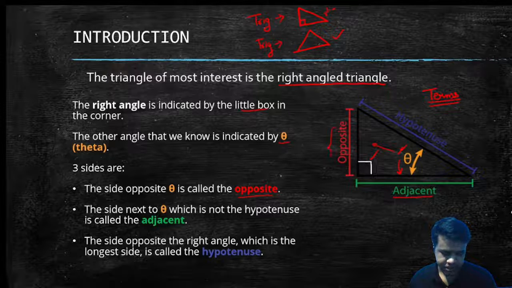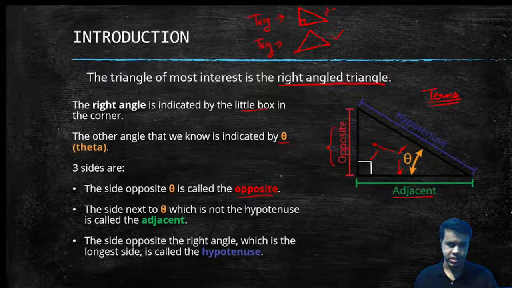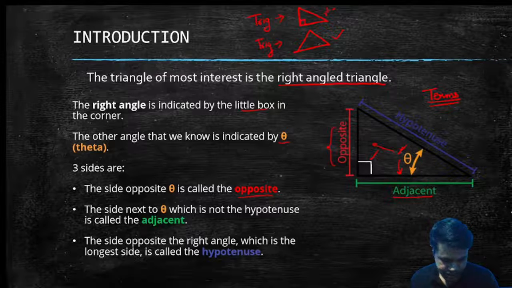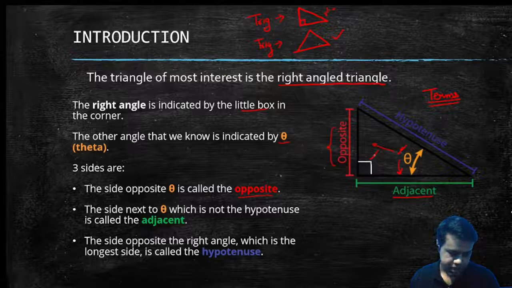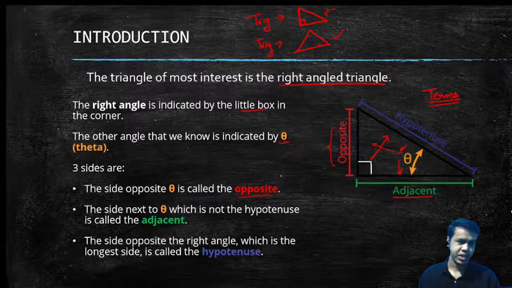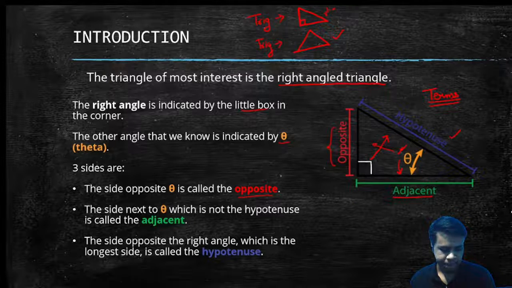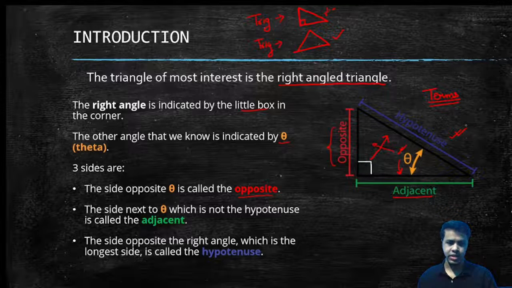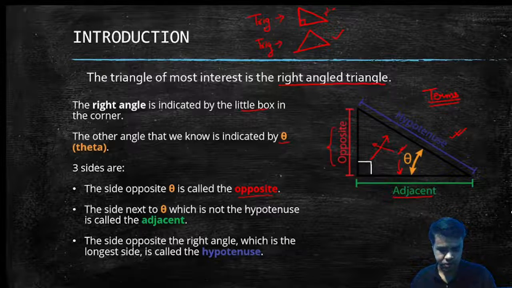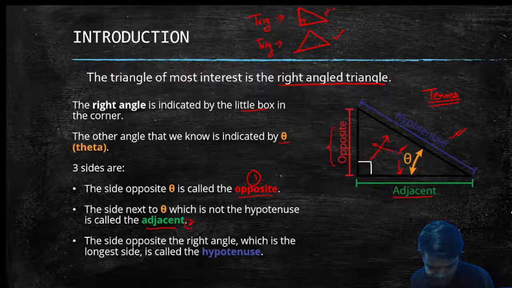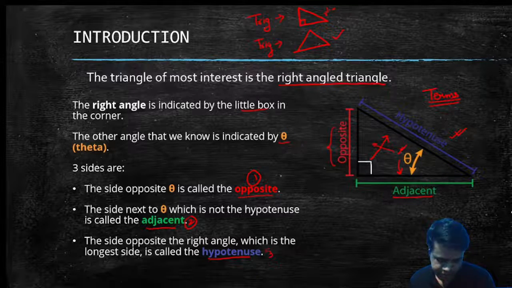Again, simple definition. And the side opposite to the right angle is called the hypotenuse, which is also the longest side of the triangle. So these are the three terms: opposite, adjacent, and hypotenuse.